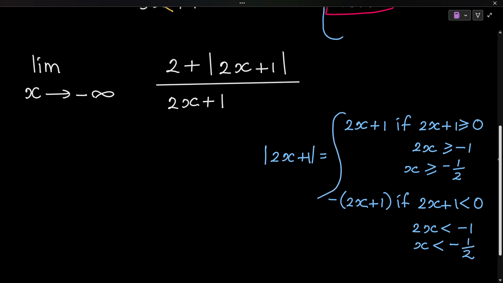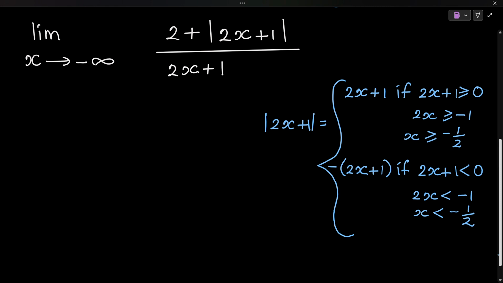So these are the 2 parts to this absolute value. Now also remember that for simplification purposes, it helps if you get rid of the bracket where you have the negative function. So let's rewrite that as negative 2x minus 1. So we just multiply that negative into the bracket.